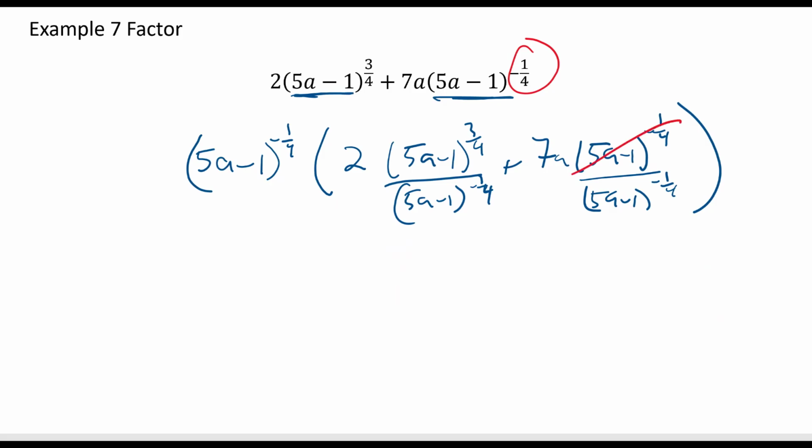Now, this obviously is going to divide out, something divided by itself. But over here, on this other one, it's interesting because you have 3/4 and negative 1/4.